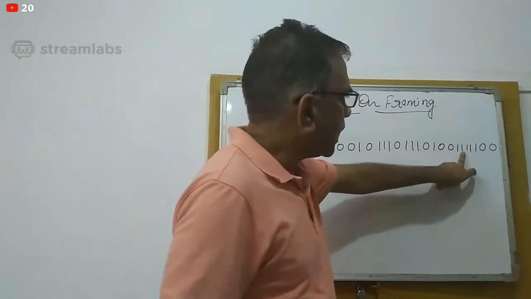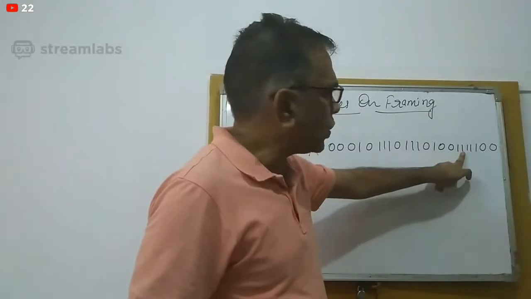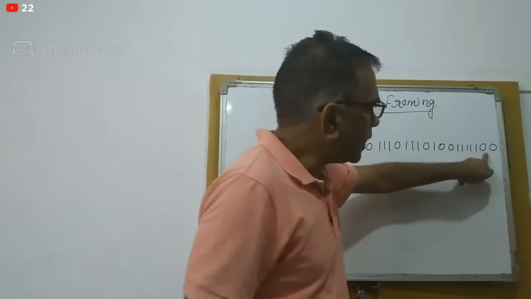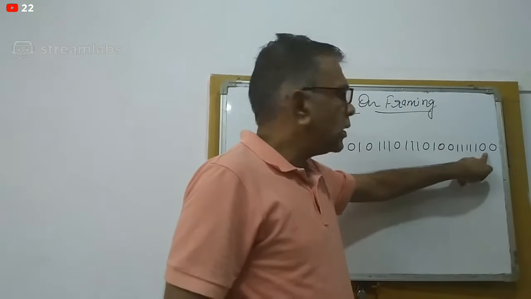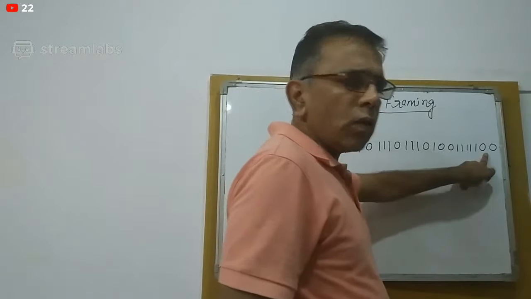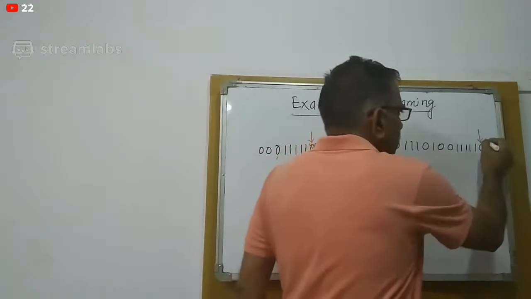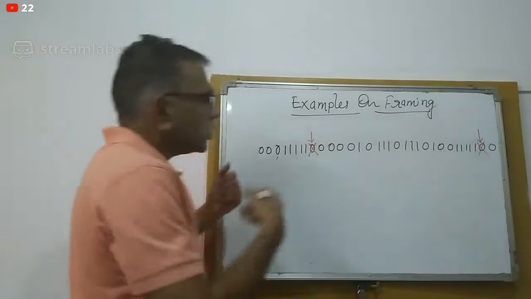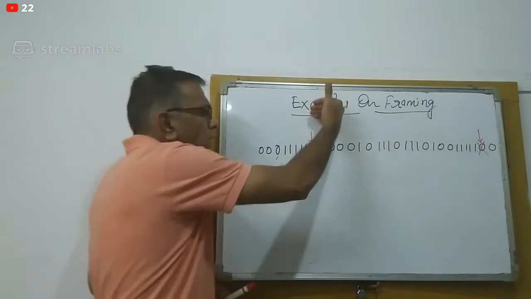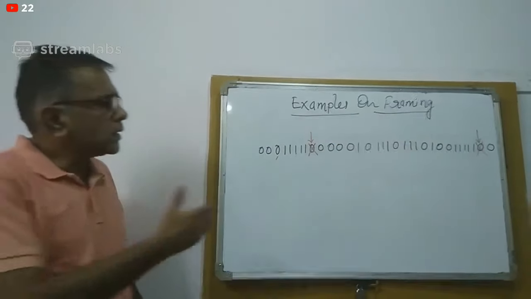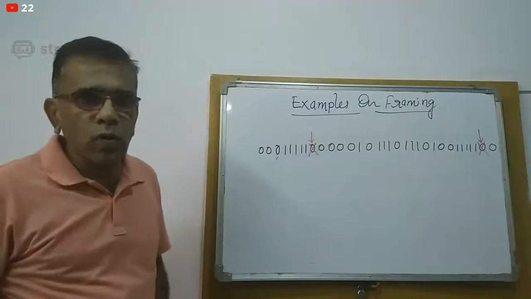Only over here you are finding one more such combination. You see 0 followed by 5 ones is again ending with an additional 0. So that 0 is a stuffed 0 which will be removed by the receiver. So this is how the receiver will eliminate these stuffed zeros from the data part. This is the case with bit oriented protocol.